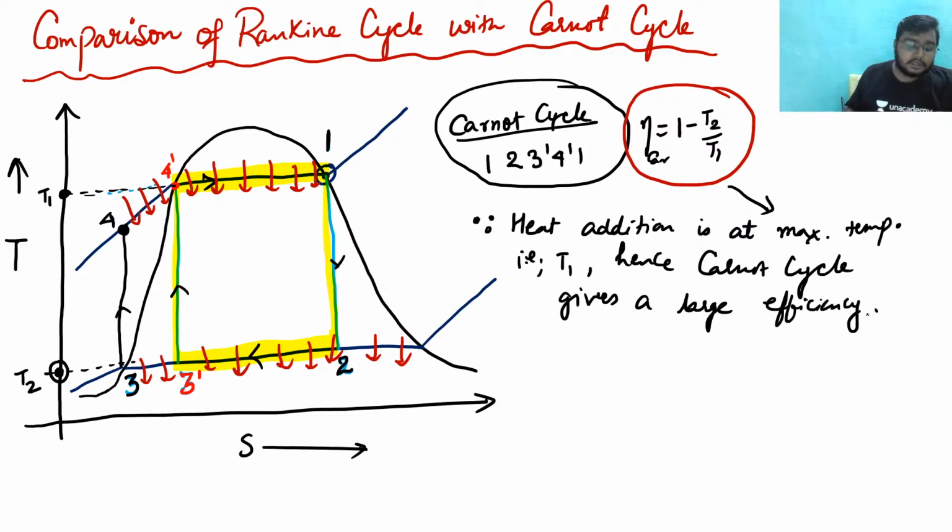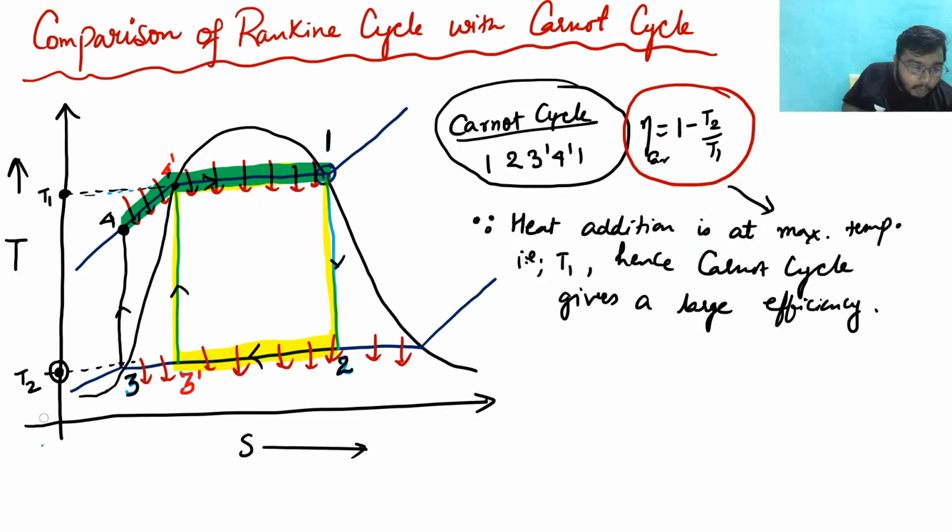Heat addition in the Carnot cycle is throughout at the maximum temperature T1. But if you observe very closely, heat addition in the case of a Rankine cycle is this.